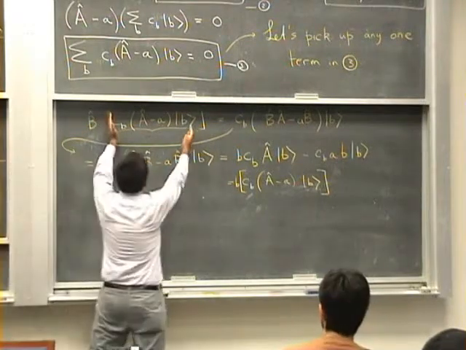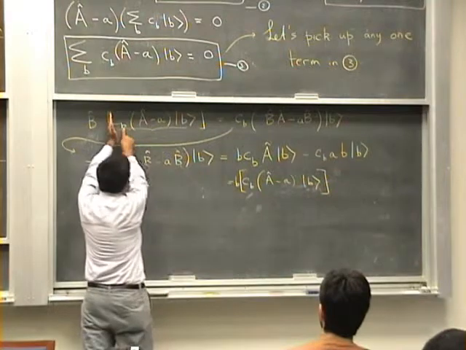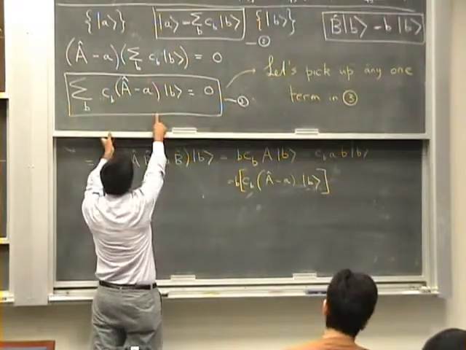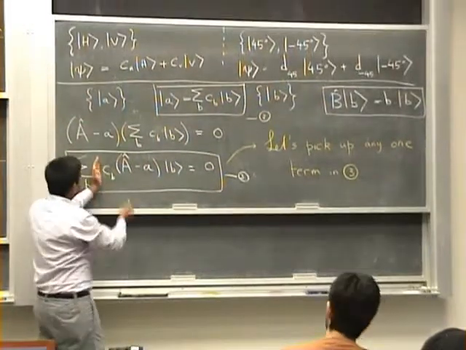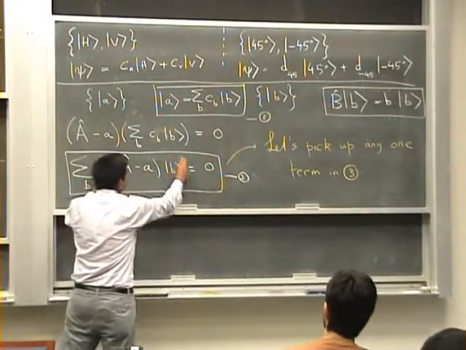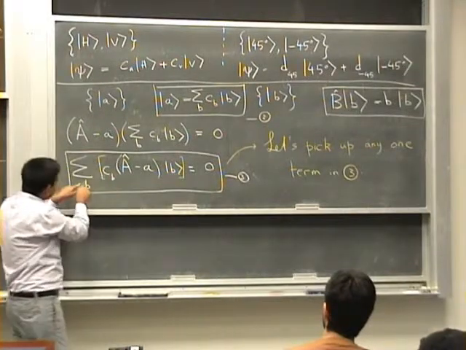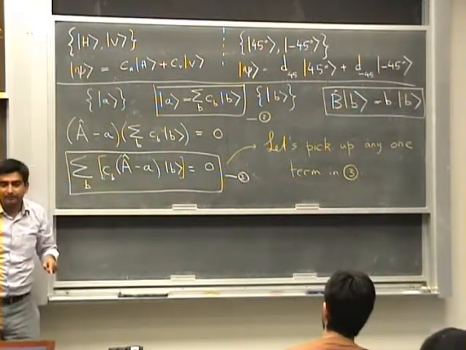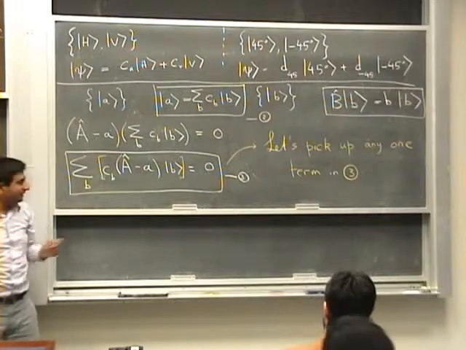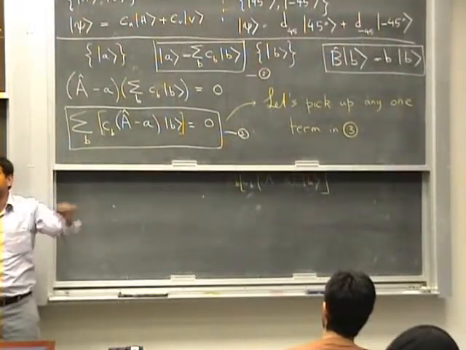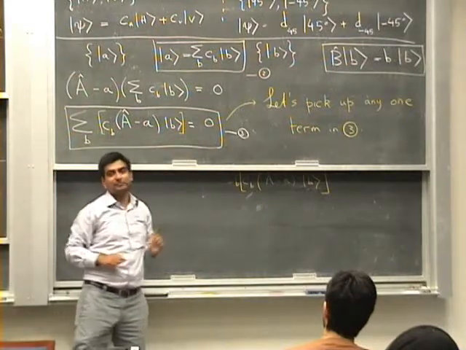So all of these states with different values of small b will be orthogonal. Now what do I have in equation number 3? This is a sum over all of these kets. So you're taking the sum over orthogonal states, and your result is 0.